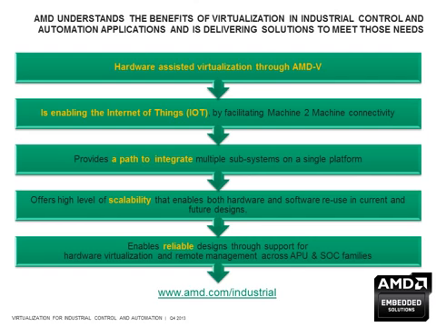With the machine-to-machine revolution taking place in factory automation, virtualization serves as the key to deliver a secure and reliable embedded system design. By leveraging AMD-V, automation engineers stand to benefit from the hardware-assisted virtualization features implemented across the entire AMD APU and SoC product lines.